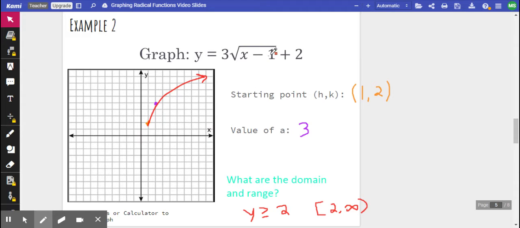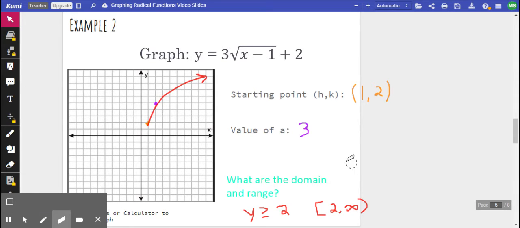Now we can see what's under the square root is x minus 1. So we need what x minus 1 is equal to be at least 0. We can't be putting negatives into a square root, because that's going to create imaginary numbers, and we don't want that to be causing an issue in our problem.